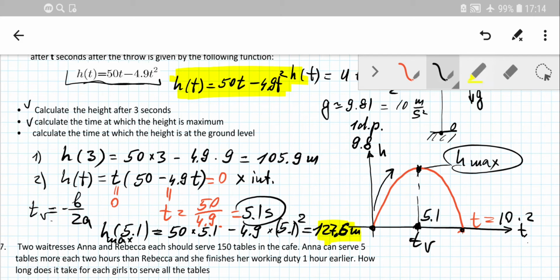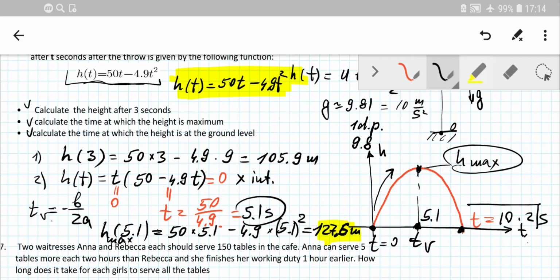Okay, so next one: calculate the time at which the height is at ground level. Oh, by the way, we did it already, because the time is 10.2 seconds. That's the second time when your body is at the ground, and the first time is when t equals 0. So we actually answered both questions in a row.